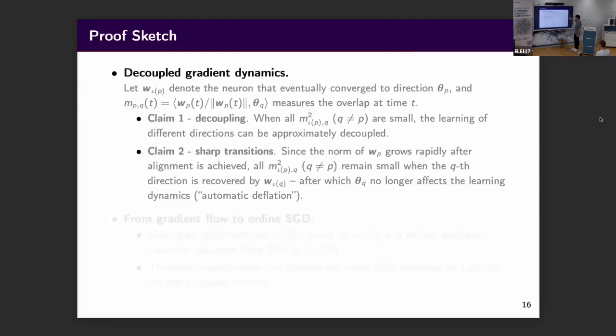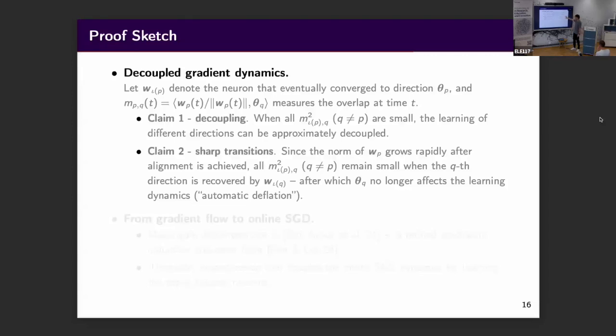The key observation is that after a neuron achieves strong recovery with one teacher neuron, the second layer, meaning the norm of this neuron, is going to grow exponentially fast towards this target, which is a_m, the norm of the target second layer.